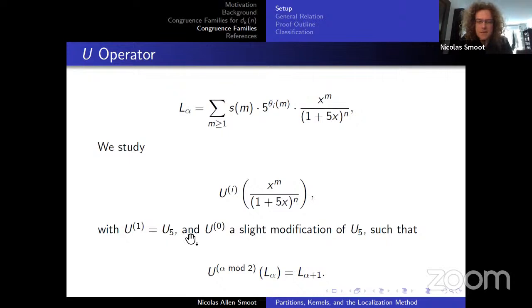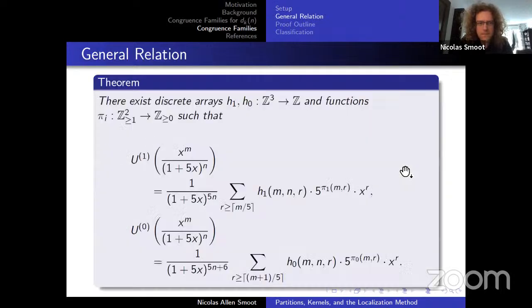So we need to study how these U operators affect these rational polynomials. And I'm not giving you exactly what U0 is, but it doesn't matter too much. It's just a slight modification on U5. So there's a general relation for how these Ui affect these rational polynomials. It looks like this here. It's these nice rational polynomials.